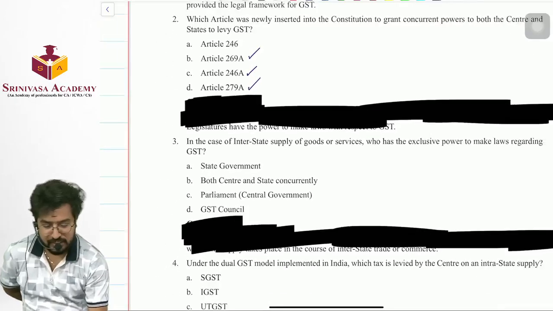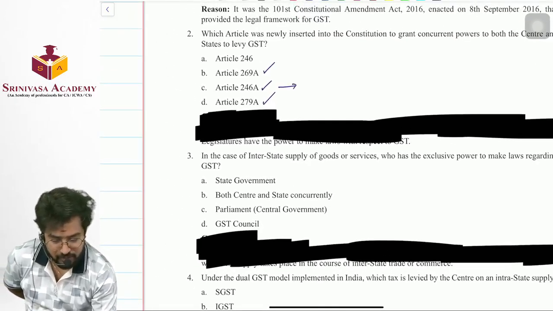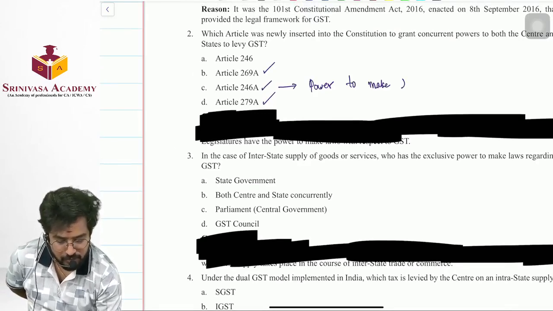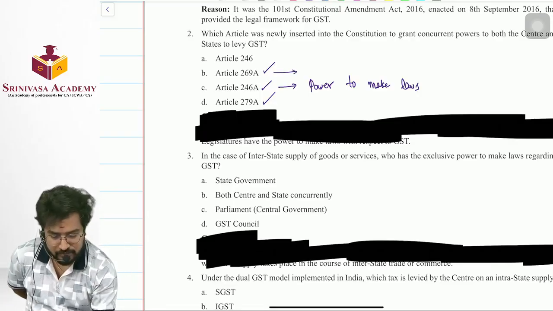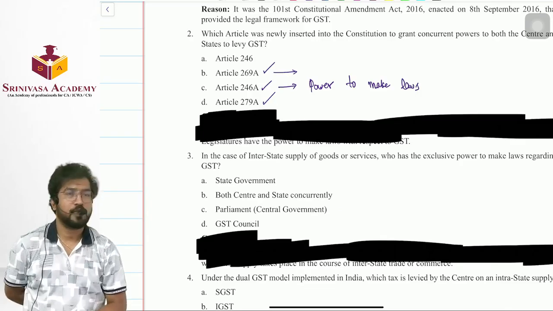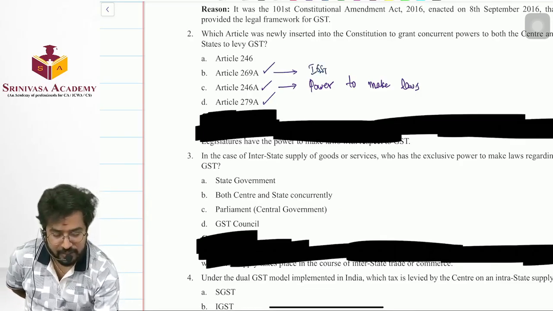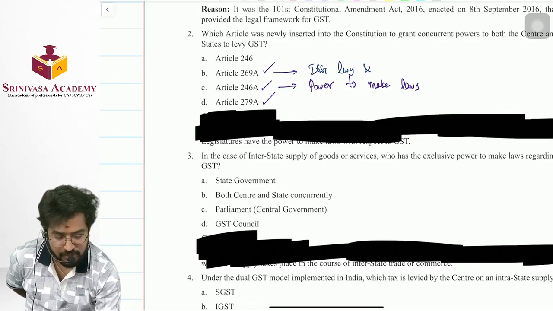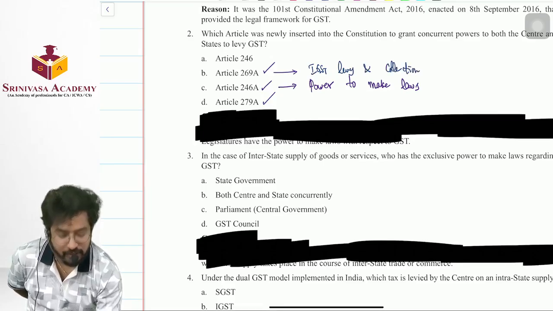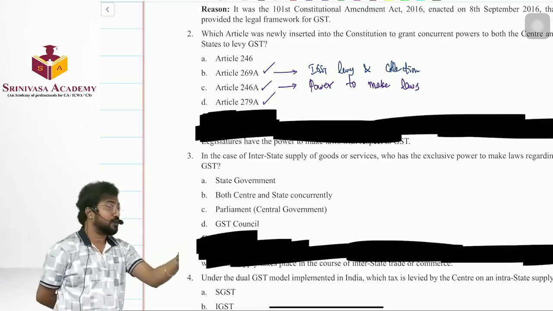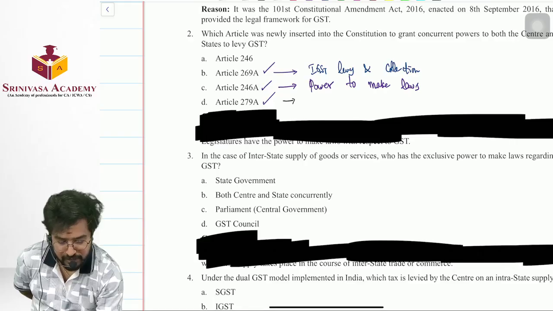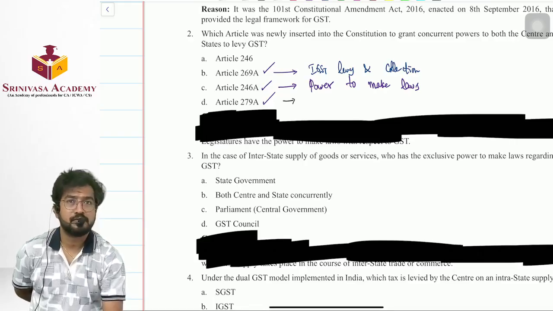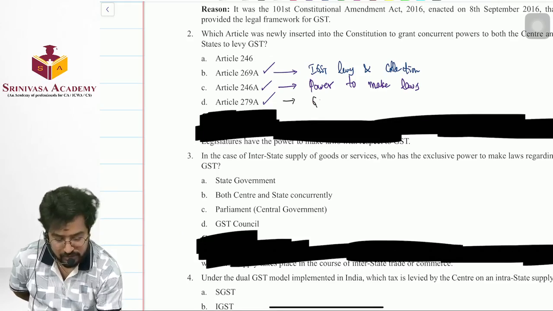So 246A, listen carefully: power to make laws. 269A is regarding IGST levy and collection, levy and apportionment. Do you remember? Levied by the central government, collected by the central government, apportioned between center and states. And 279A is the GST Council.